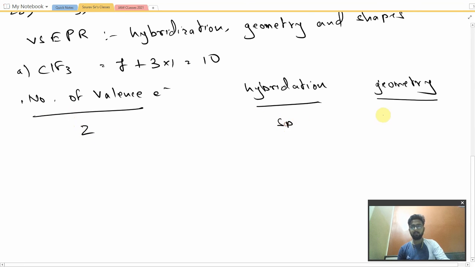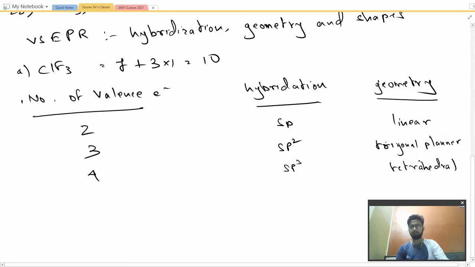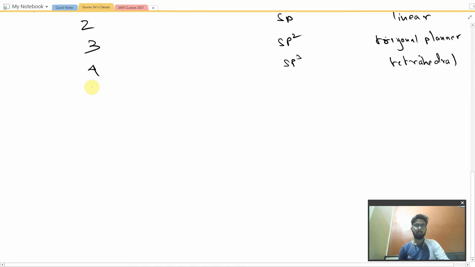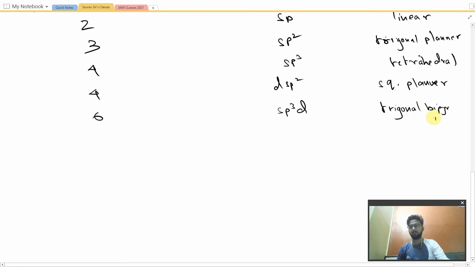So 2 is sp, linear; 3 is sp2, trigonal planar; 4 is sp3, tetrahedral; 4 is also dsp2, square planar; 6 is sp3d, trigonal bipyramidal; and 8 is sp3d2, octahedral.